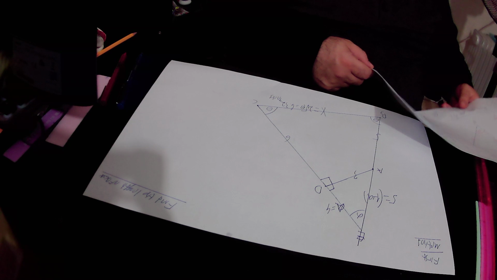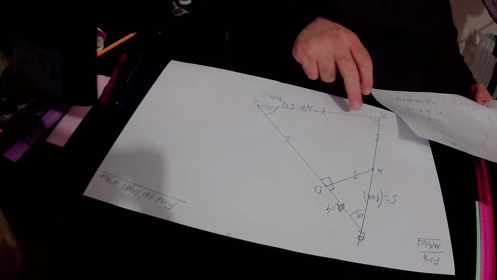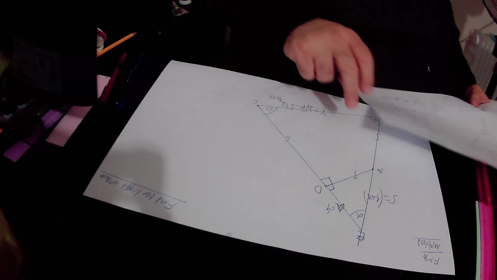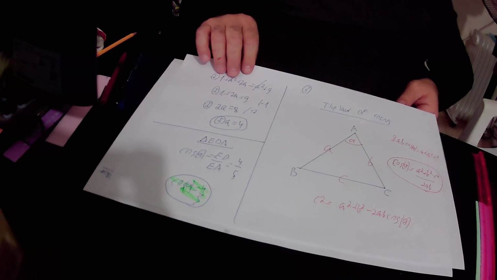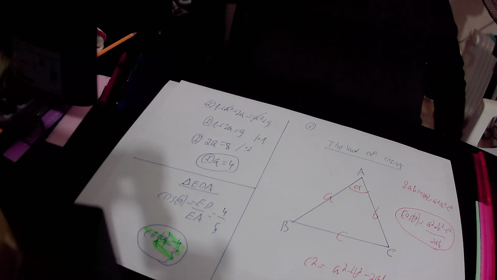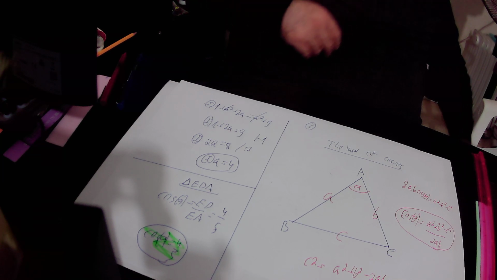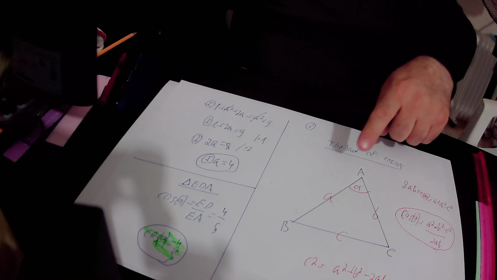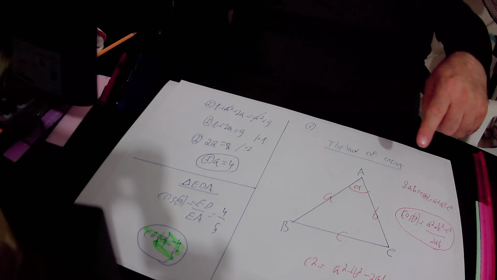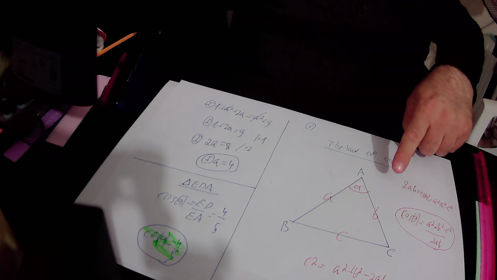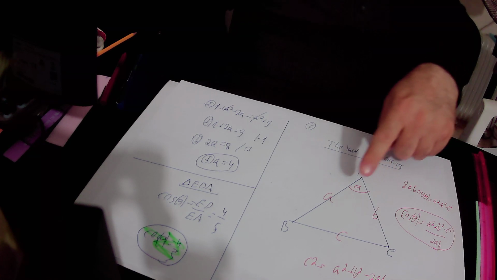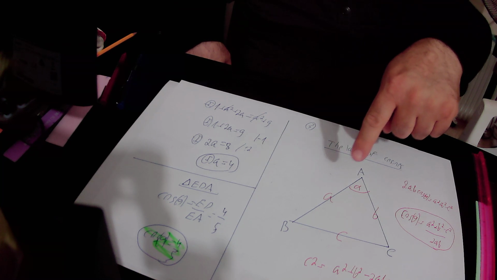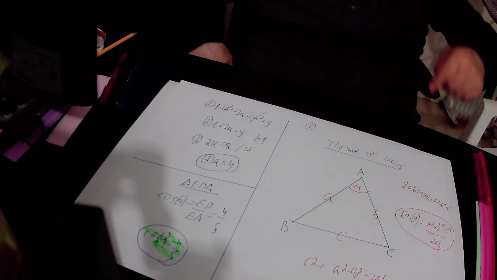Then I presented to you the law of cosines, and we implemented it in triangle ABC. What is the law of cosines? The law of cosines is valid in any triangle. If we have a triangle ABC, we know that side AB equals c units in length, side AC equals b units, side BC equals a units, and the angle between side AB and side AC equals alpha.